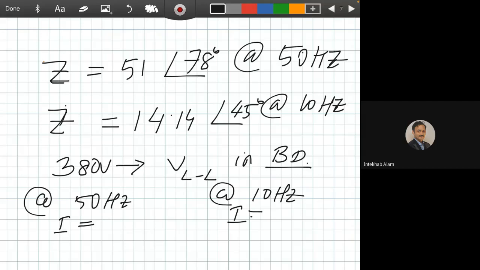What is the current? So 7.45. Good. 0.45 ampere. We are not considering the angle now. We know it. The angle will be like minus 78 degree. Barzana Umama, what is the value?